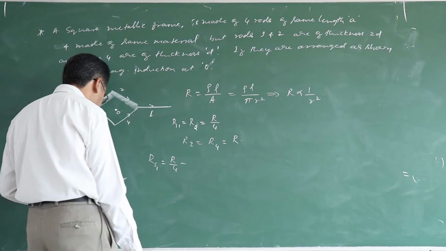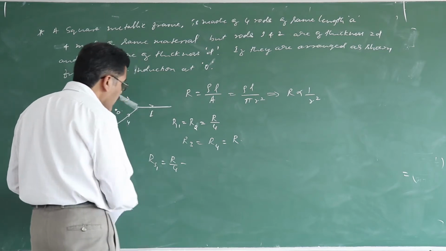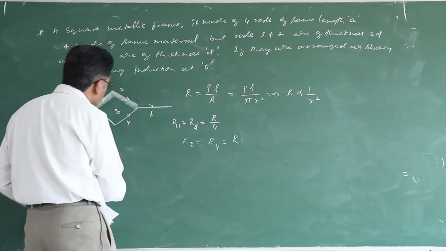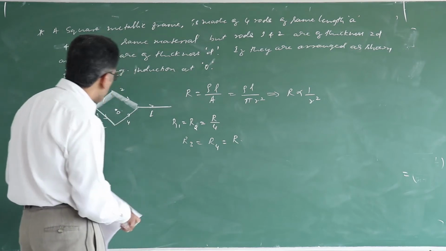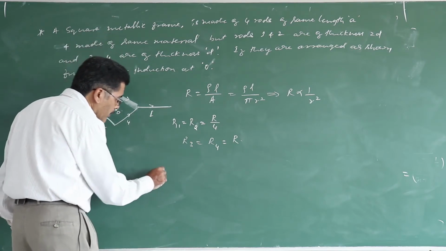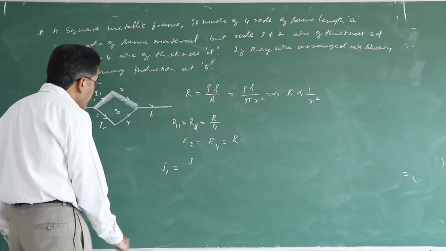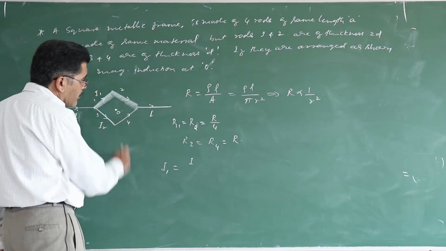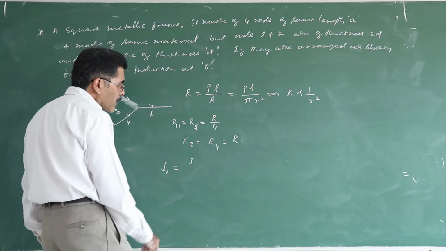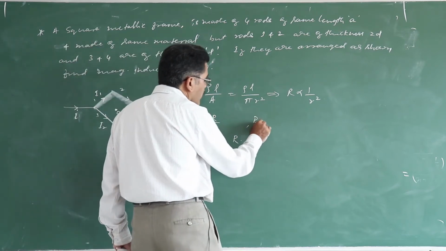So we have to find out the branch current. Branch current I1 is equal to main current into resistance in the other branch. In a series combination, what is RS1?